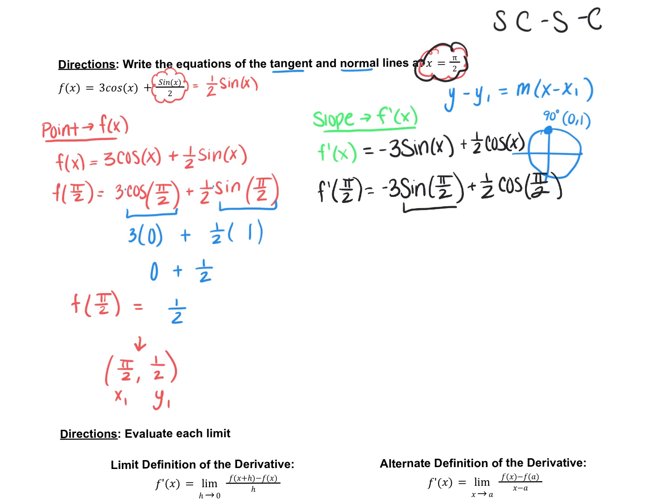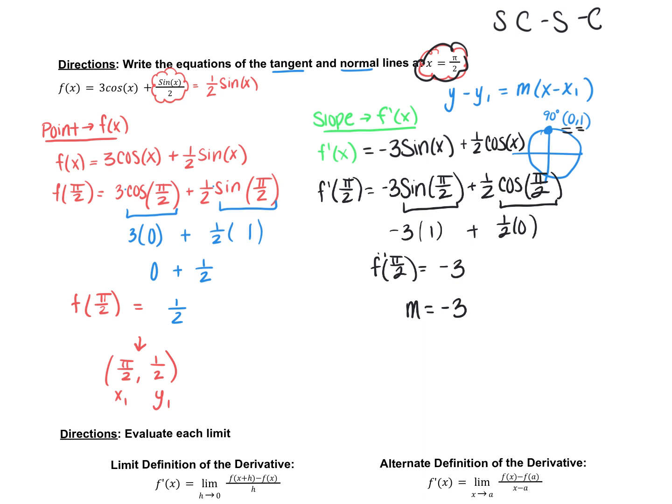So again, sine is the y value, which is 1. We multiply that by negative 3. Cos is the x value, which is 0. We multiply that by 1/2. 0 times anything is 0. 3 times anything is that thing. So f prime of pi over 2 is negative 3. That is your m value.